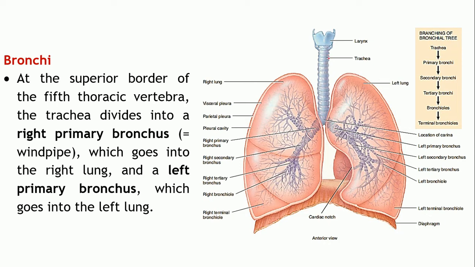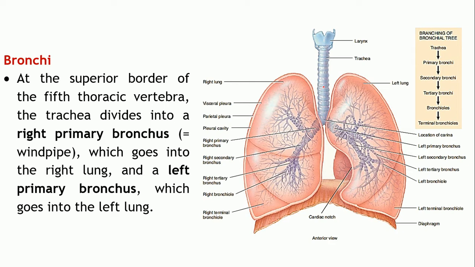So far we have seen that there is a single tube-like structure, apart from the nasal cavity, which is divided into two halves, but it is a single nasal cavity, so it is just a partition.